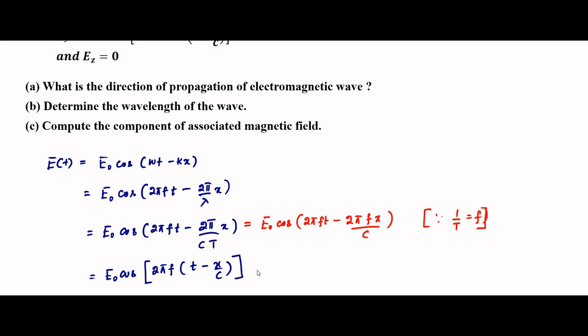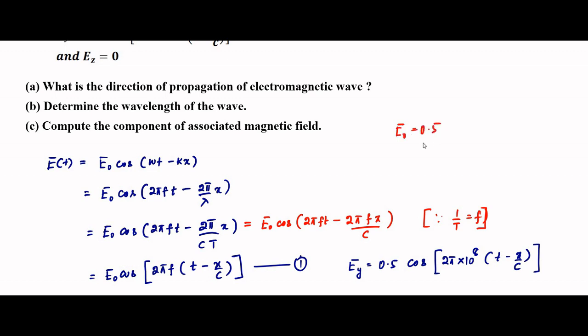If we compare this equation with the given equation, which is Ey is equal to 0.5 cos 2 pi into 10 to the power 8 t minus x by c, then we see that the amplitude E0 of the electromagnetic wave is equal to 0.5.